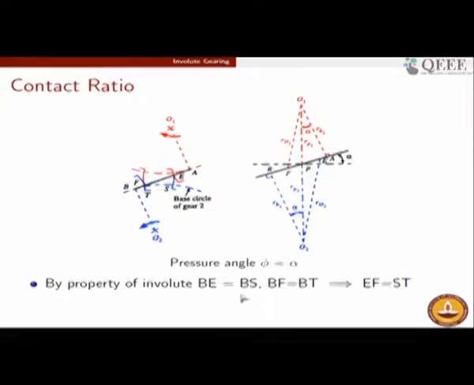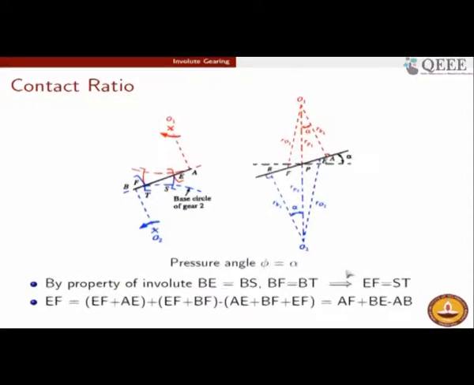So we have BE equals BS and BF equals BT as per this argument, which means BE minus BF, which is basically EF, the left hand side, is equal to BS minus BT. BS is this portion and BT is the smaller arc. So BS minus BT is ST. So therefore our first result is EF is equal to ST.